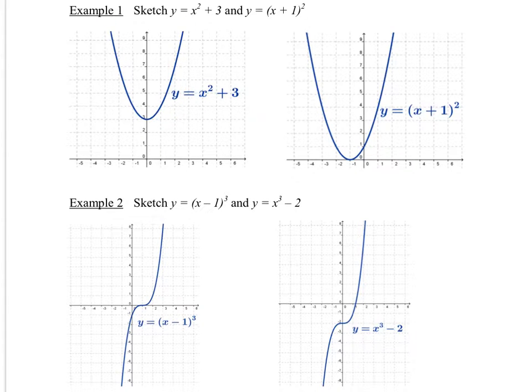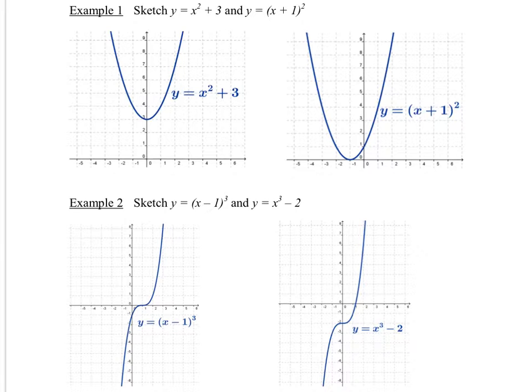That's y equals x squared plus 3. And if you want y equals x plus 1 squared, like this function here, well, what you need to do with that is move it 1 to the left. So start off with your function with the vertex at 0, 0, and just shift that vertex 1 to the left. So we have this function.